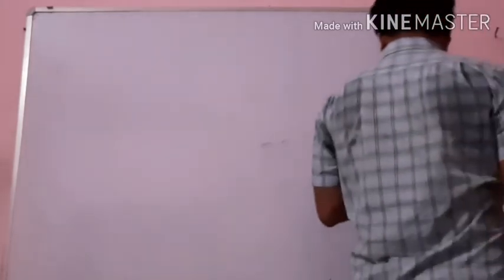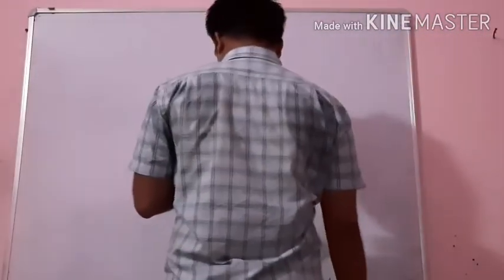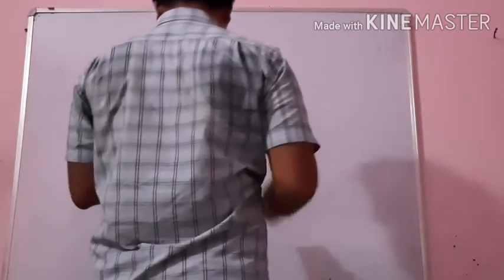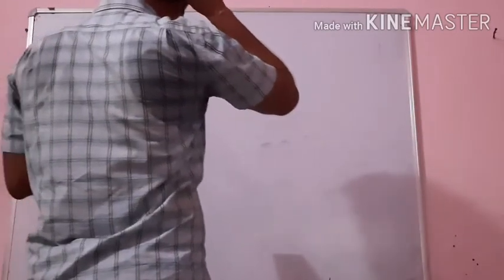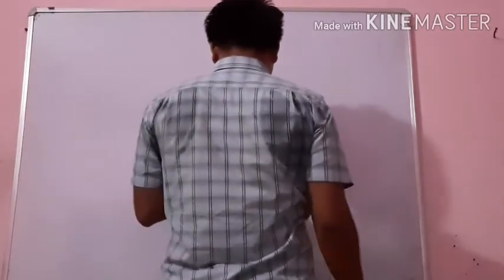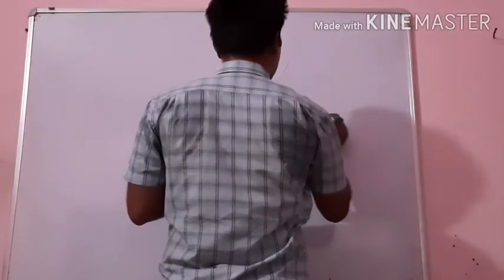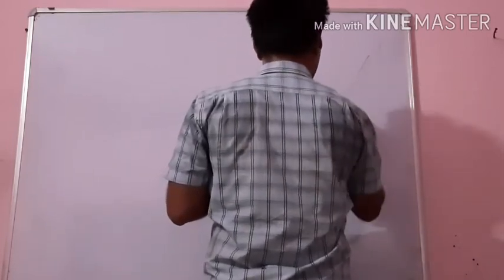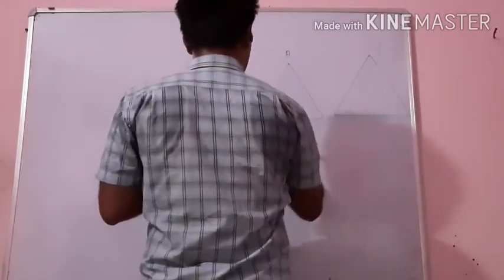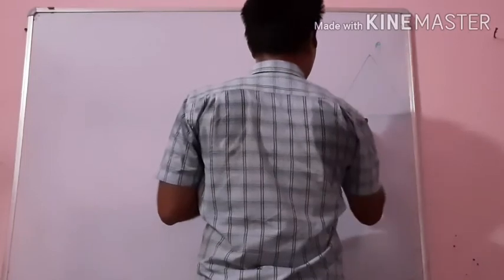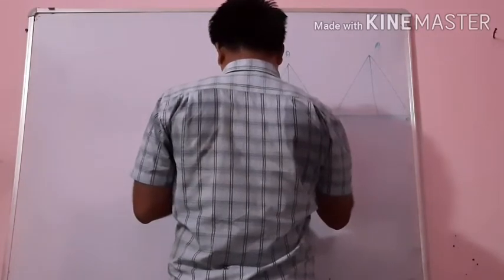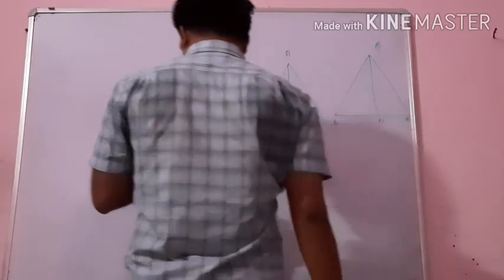Two sides of a triangle and median AM of a triangle ABC are equal to PQ and QR and median of triangle PQR. Two triangles have been given: A, B, C, P, Q, R, and medians M, N. What is given?